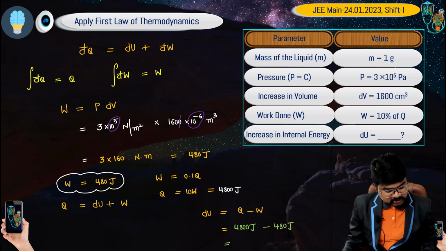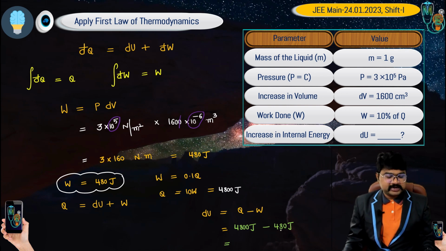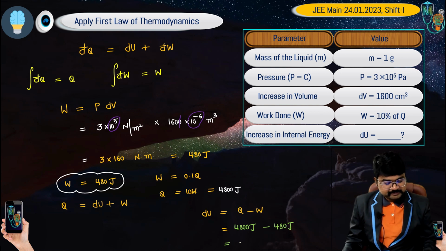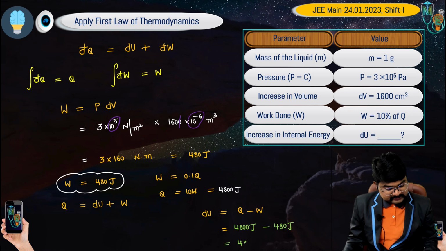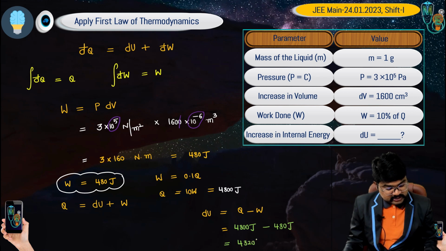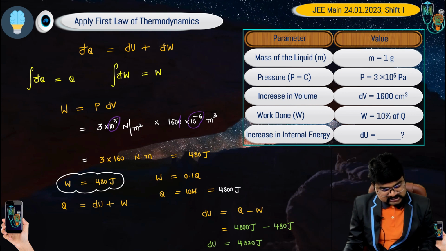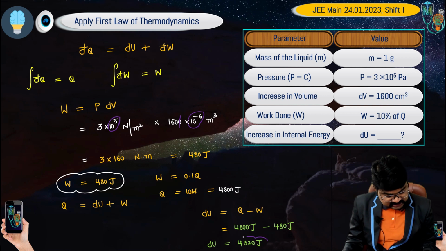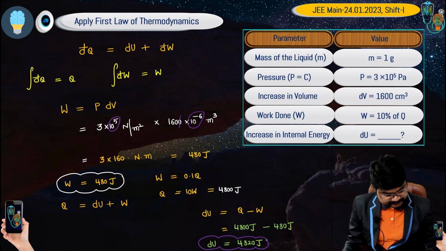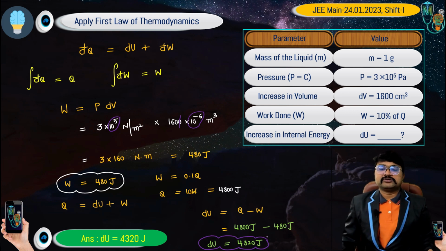So once you subtract it, what will you get? 4,800 minus 480 is 4,320 joule. This is the change in internal energy. Understood? So in this manner, this is the final answer to this question.